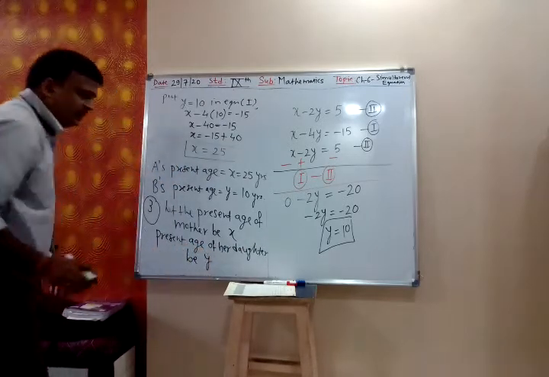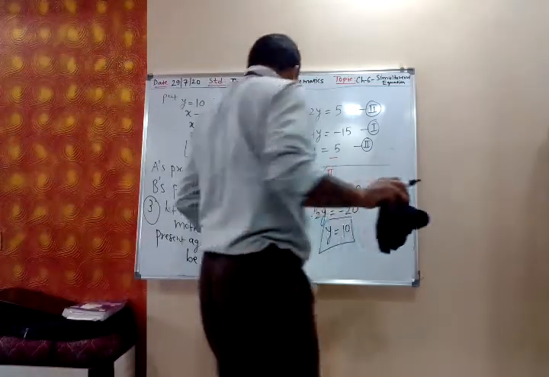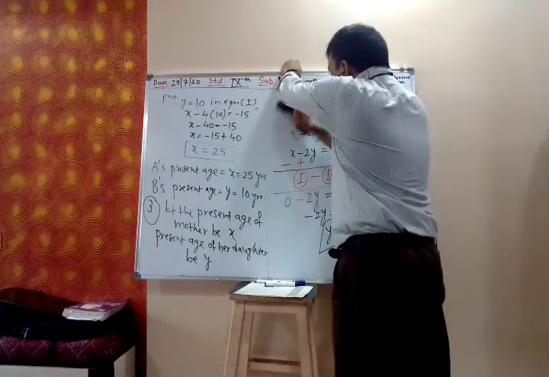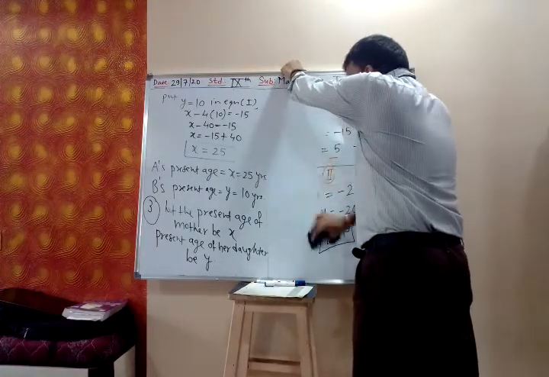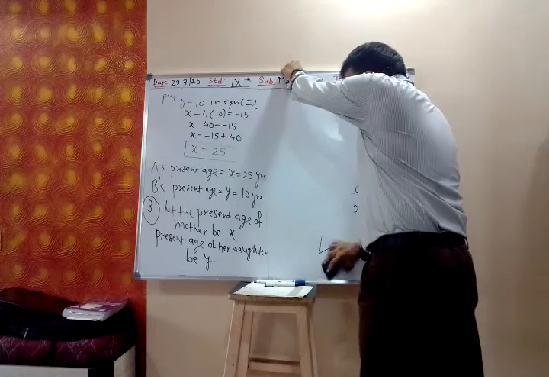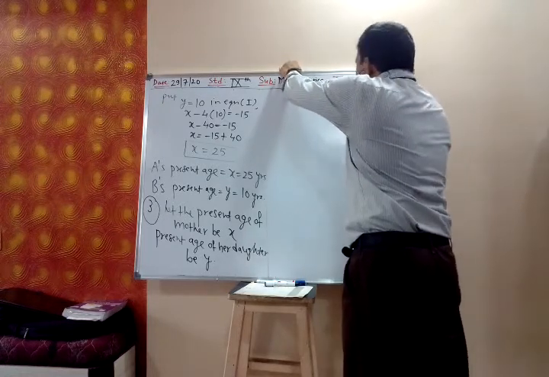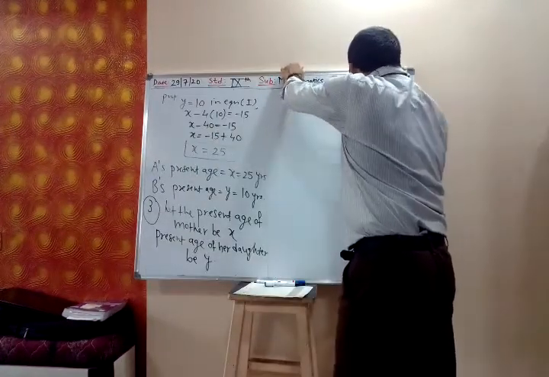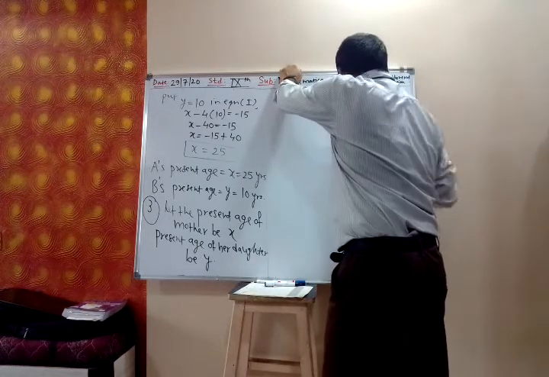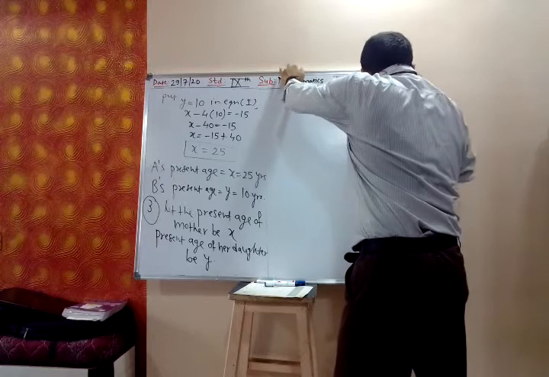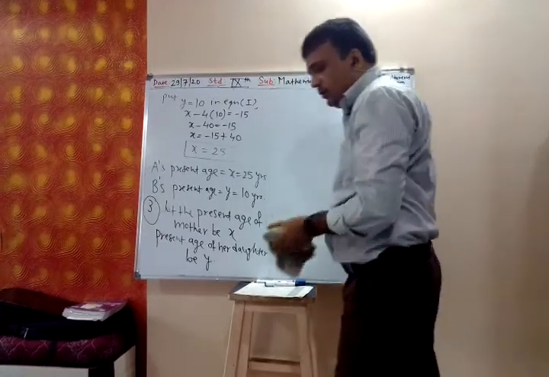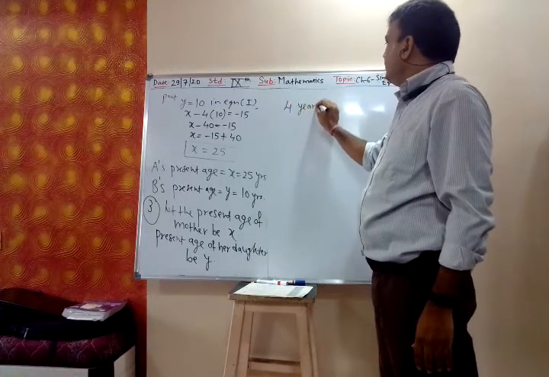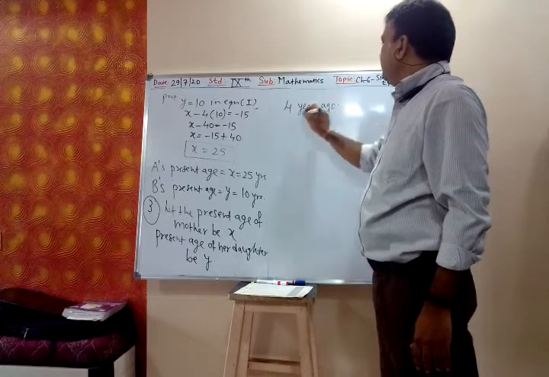So we have taken the present age of mother as x and the present age of her daughter as y. Now those who are having the textbook, read the condition that is given. 4 years ago. First we write what the age was 4 years ago. The present age of mother is x and of her daughter is y. So we write 4 years ago. Ago means before.